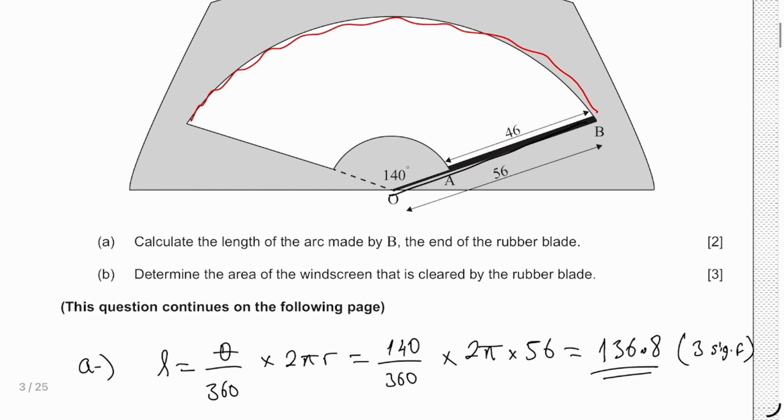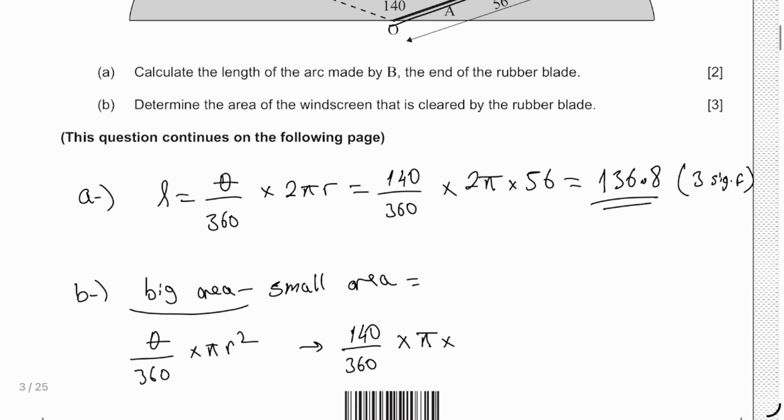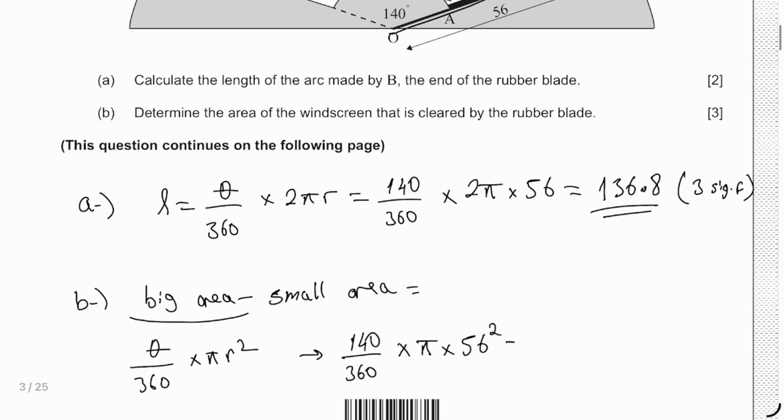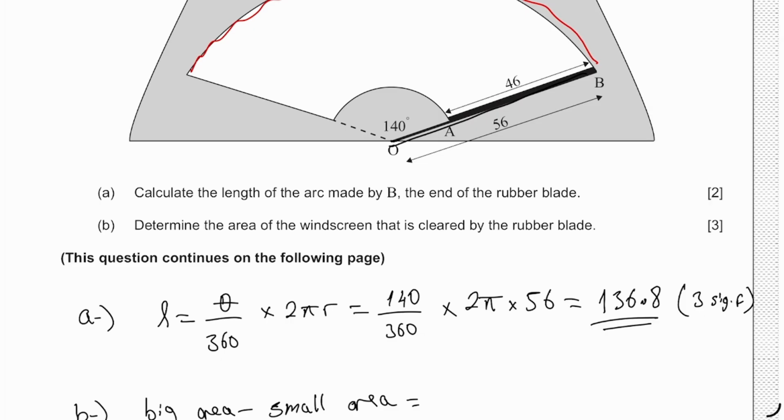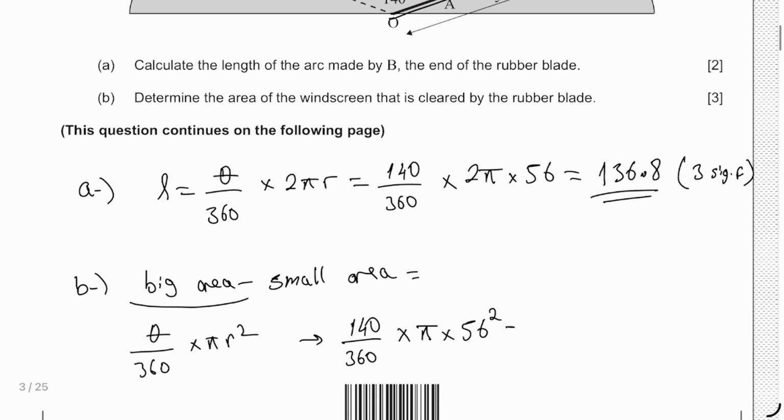R is 56, so 56 squared, minus the small area here. This is 56, this is 46, so 10 left. So r is 10 here. The same formula: our angle is 140 over 360 times pi times 10 squared.